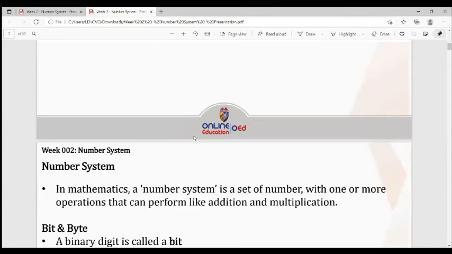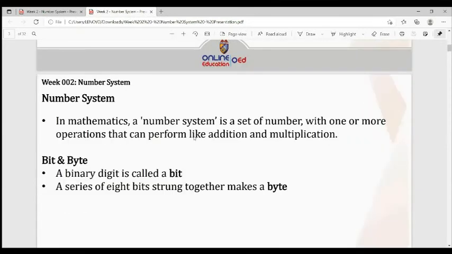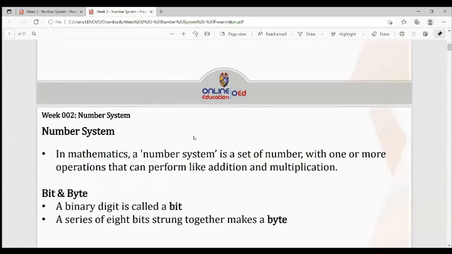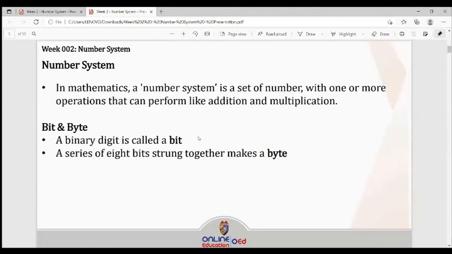Okay, so let's begin with the definition of the number system. In mathematics, a number system is one or more operations that you can perform, like addition and multiplication. In the number system, we also have the bit and the byte. A bit is a binary digit.